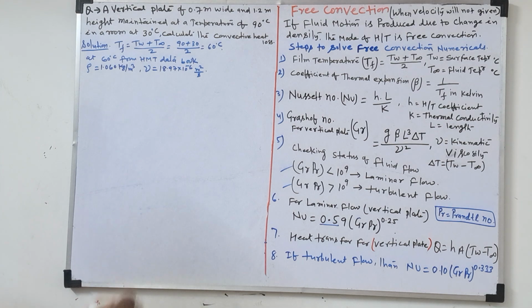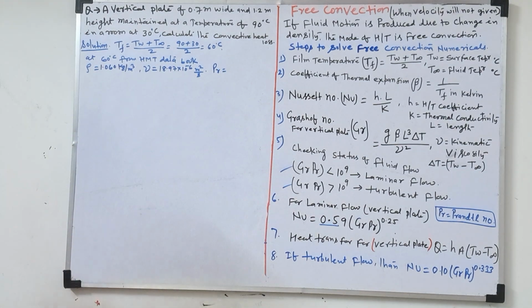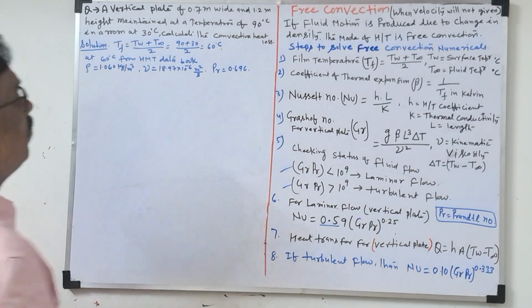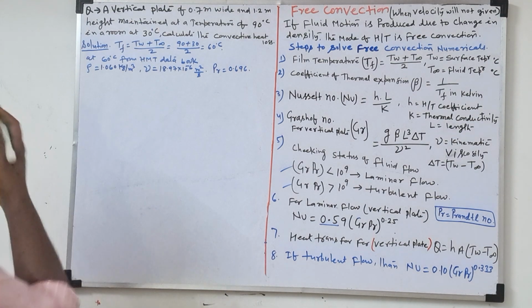Then we will see the Prandtl number, notation Pr, at 60 degrees Celsius, 0.696. Then thermal conductivity is also required.